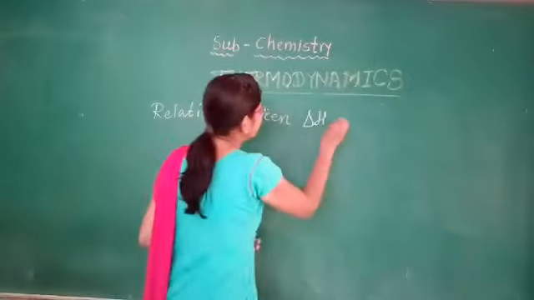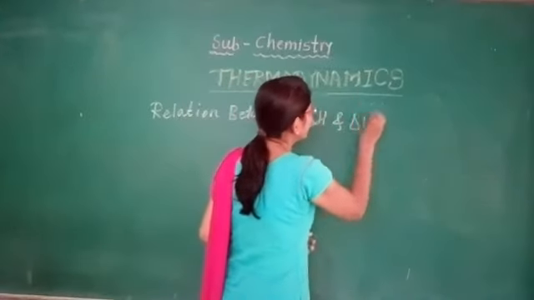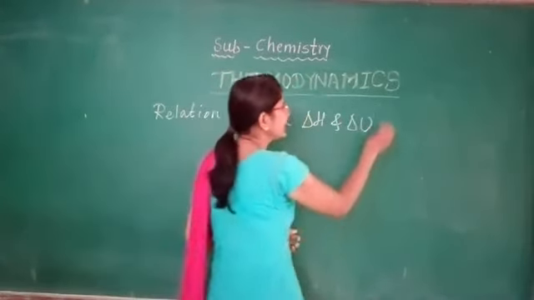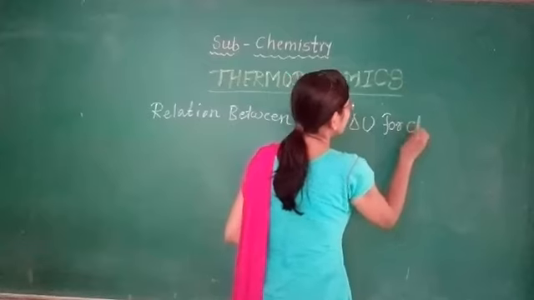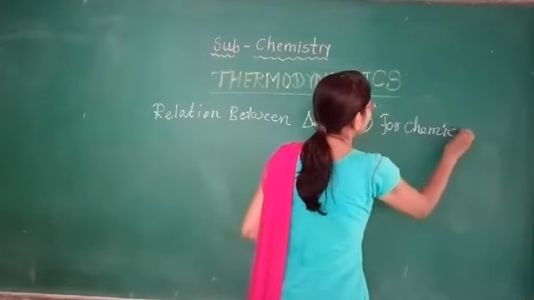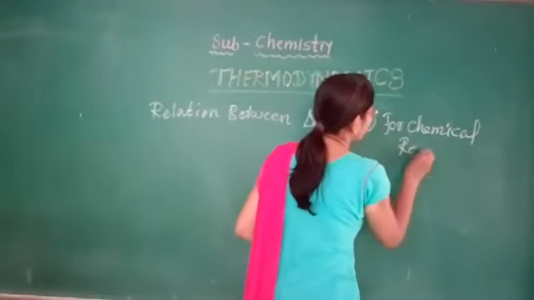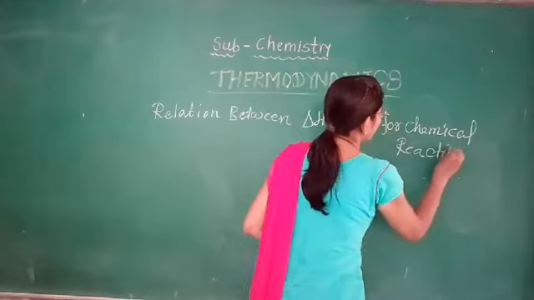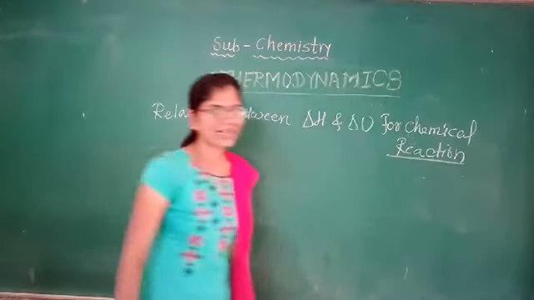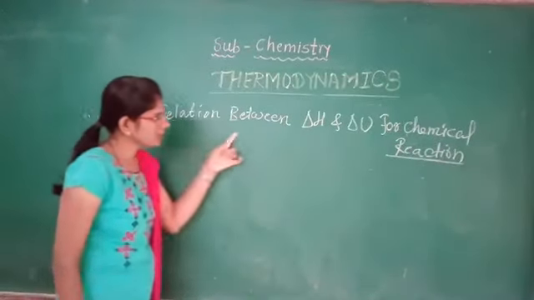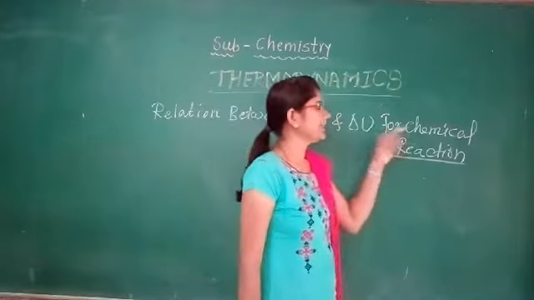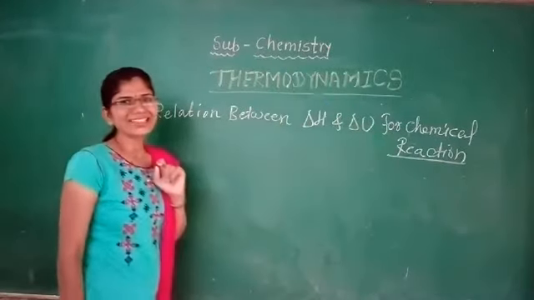Next we have to see the relation between delta H and delta U for a chemical reaction.